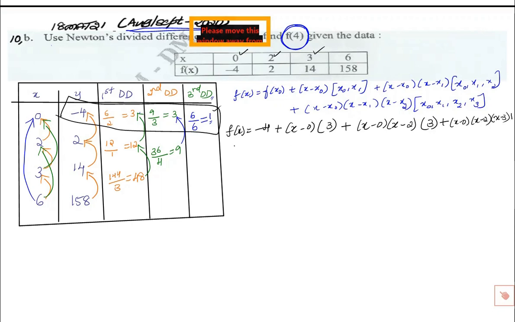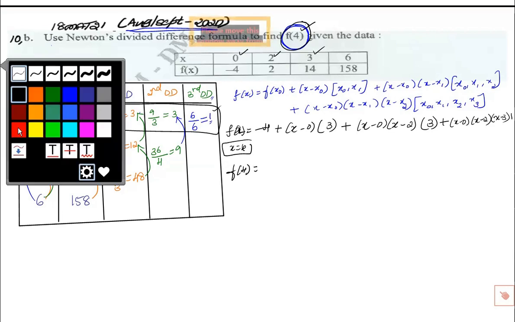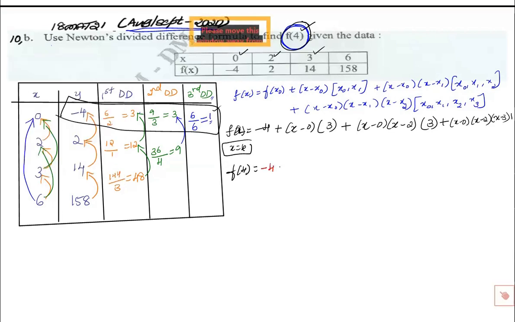You need to find f of 4, not the interpolating polynomial. So put x equal to 4. You will get f of 4 equal to minus 4 plus 4 minus 0, so 4 into 3, plus 4 minus 2 is 2 into 3, plus 4 minus 2 is 2, 4 minus 3 is 1 into 1.